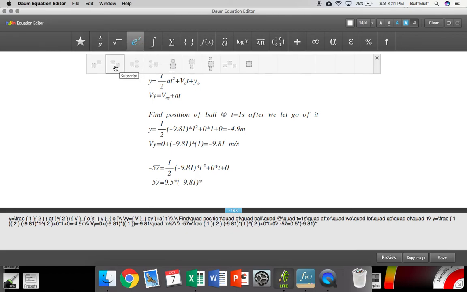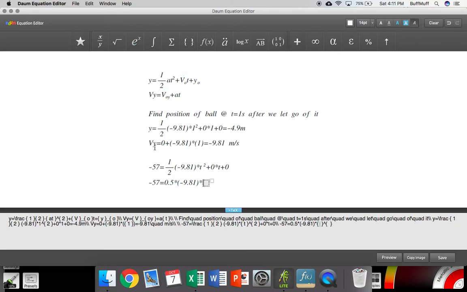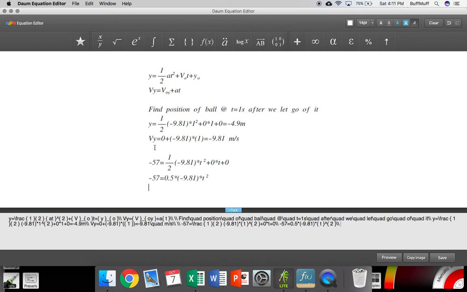So if we have time by itself, we know that time squared is equal to negative 57 divided by 0.5 times negative 9.81.